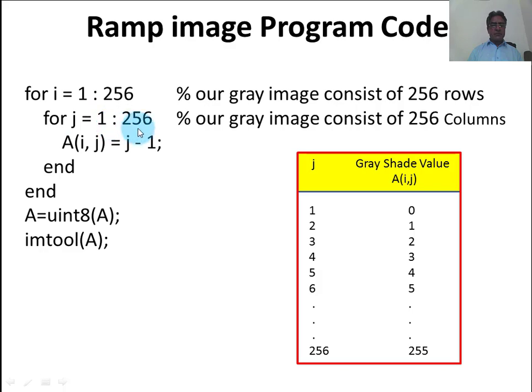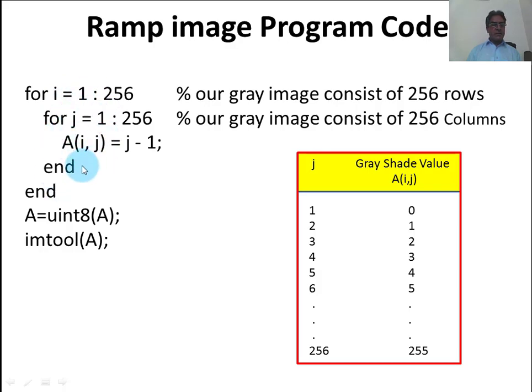In this program, our gray image consists of 256 rows, and this shows our gray image consists of 256 columns. That is, the internal loop controls the columns, the external loop controls the rows.